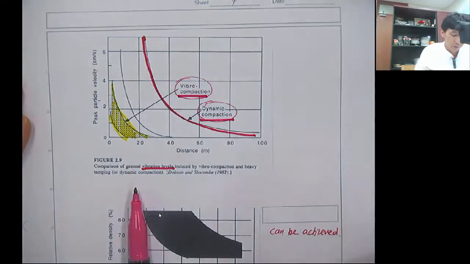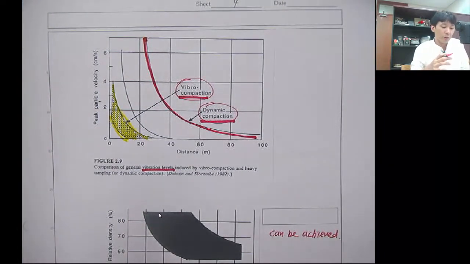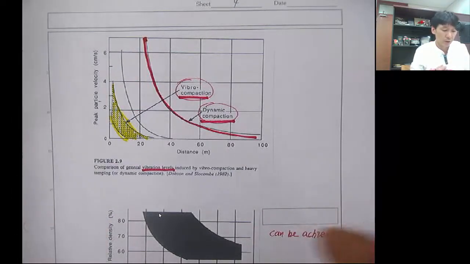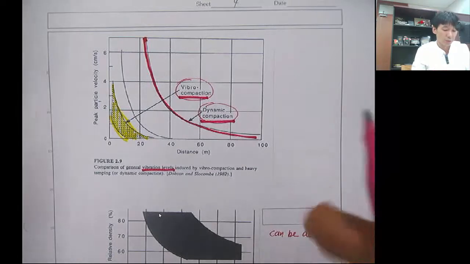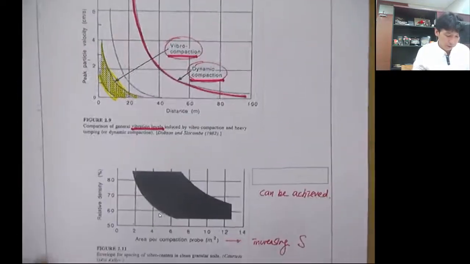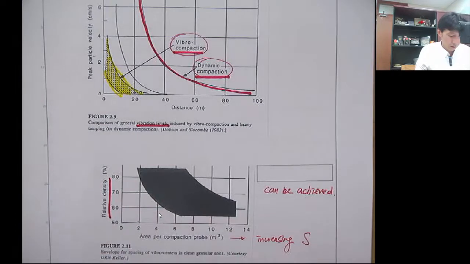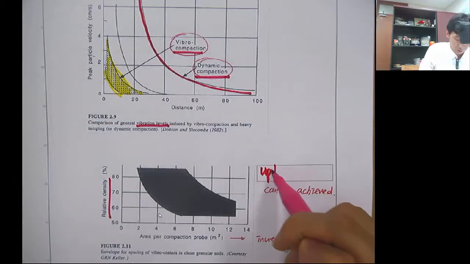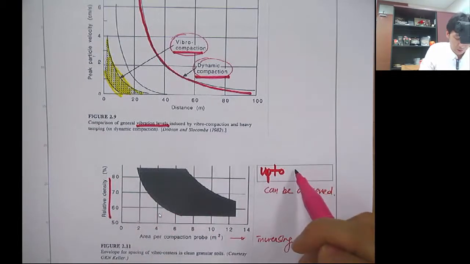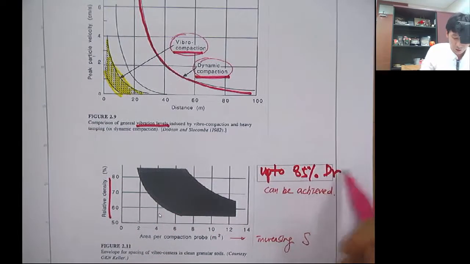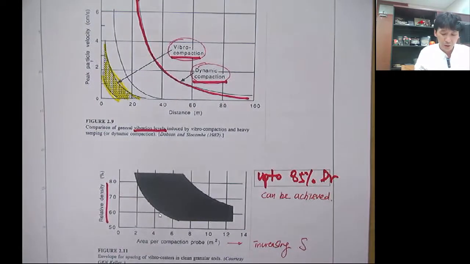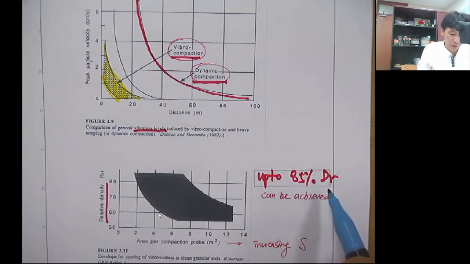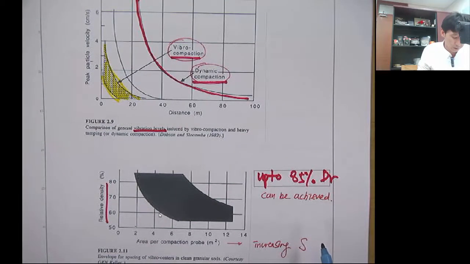So you can get the feeling that vibro compaction has low amplitude but many repetitions, so they vibrate and densify the soil around the vibro compacted hole. The relative density achieved is about 70 to 85%. Commonly it's considered a technique that can achieve up to 85% relative density.